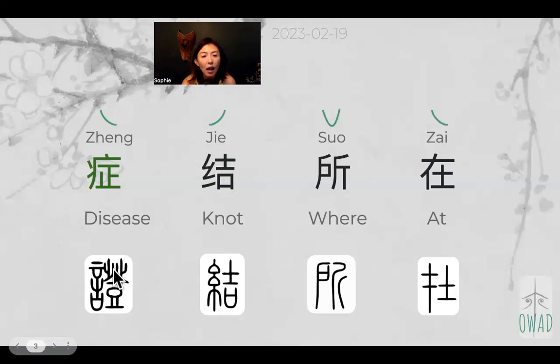And the right side means 登. According to some scholars, it's stepping on some tool onto the carriage. The vehicles back then were on wheels, and it's not easy to step onto. It's elevated because it's above the ground.